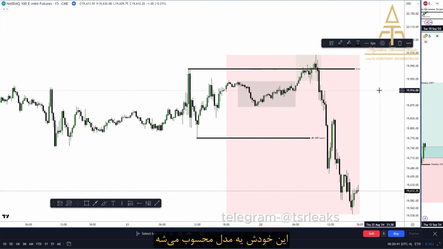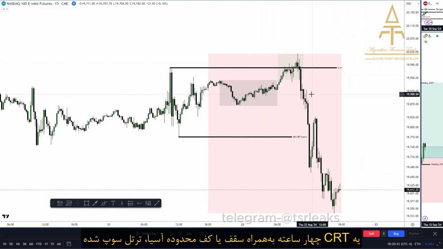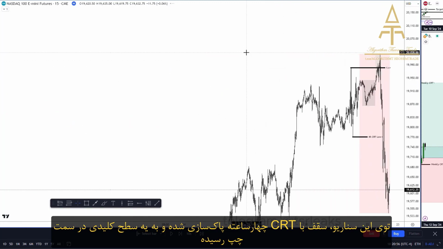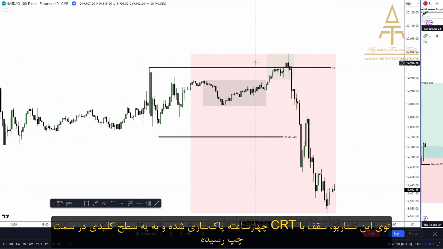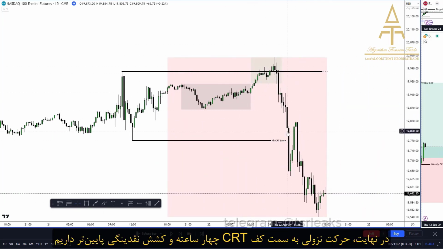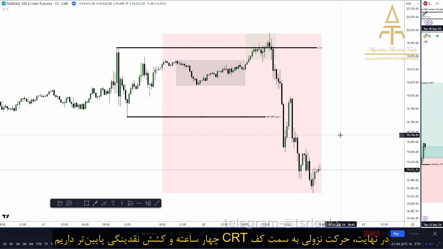This is a model in itself. A 4-hour CRT turtle souped as well as the Asia range high or low. In this scenario, it is the high that is purged with the 4-hour CRT into a key level on the left side here, ultimately expanding lower towards the 4-hour CRT low and the lower draw on liquidity.